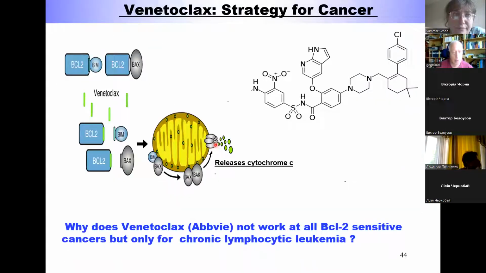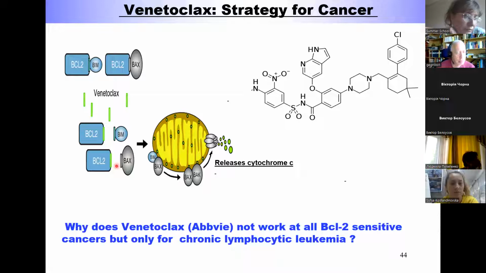What else can you do? We thought about Venetoclax. I mentioned this is the only drug which dissociates BAX away from BCL2 to kill membrane, but it works not only for lymphocytic leukemia, unfortunately, as for all cancer it should. So Venetoclax is probably not flexible enough to work for all kinds of binding pockets if something is a little different.